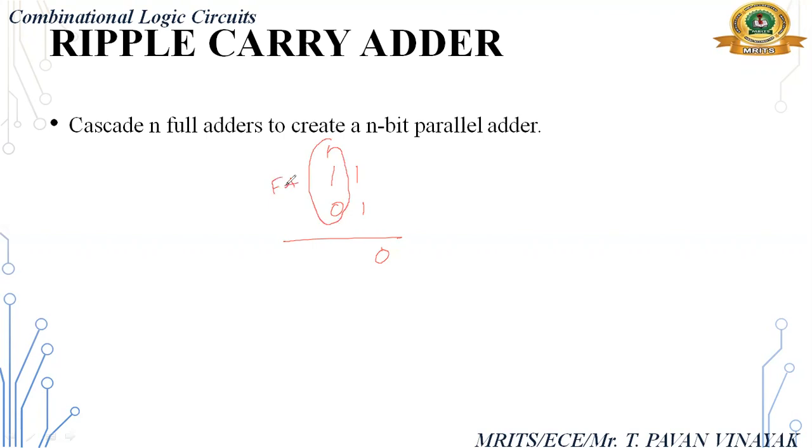Means full adder. First one is a half adder. But instead of using a half adder in this block diagram, I am taking a full adder with initial carry always 0. Means 3 inputs I am giving here.